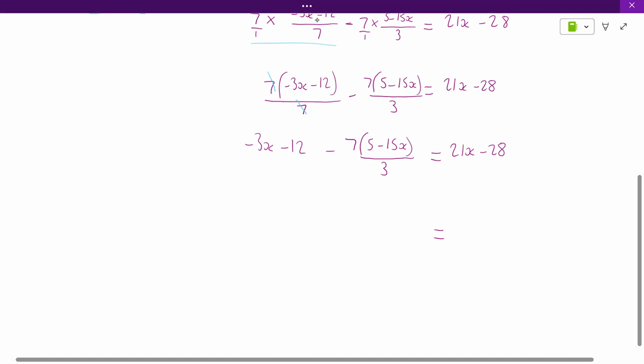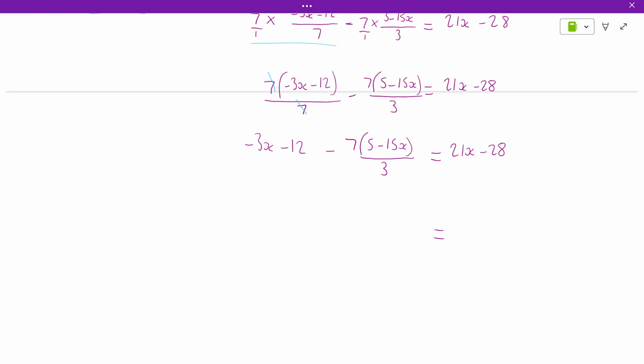Now, let's focus in on this divided by 3 here. If I've got to divide by 3 and I want to try and get rid of that, I need to multiply by 3 because that's the inverse of divide by 3. But I need to do that to every single term in the left-hand side and also the right-hand side.